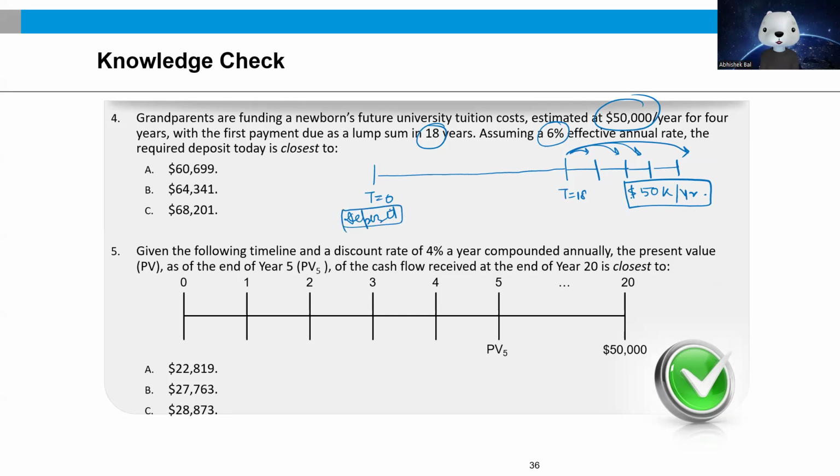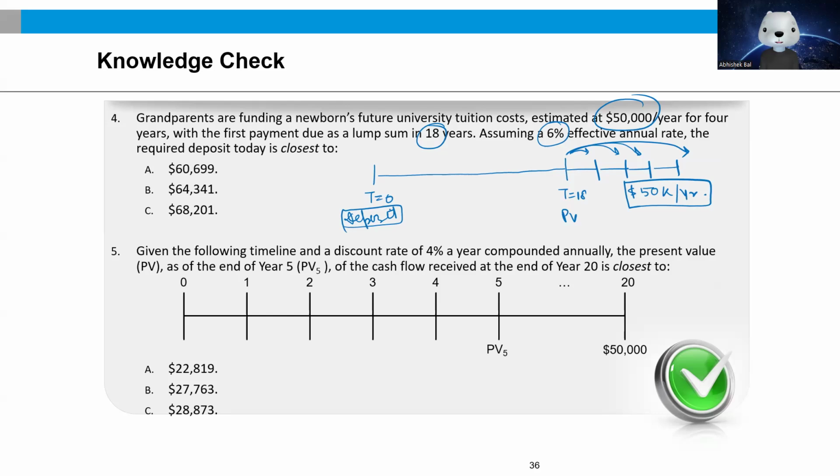So first and foremost, we have to PV the entire cash outflow of 50,000 per year for the next 4 years. And that's pretty easy at 6% rate of interest. To find that out, what do we have to do? We have to make use of our TVM worksheet. And you know how to do it: second clear TVM, second FV. And now what we're going to do is first put 50,000 as a PMT, that is the annual cash outflow to the college.